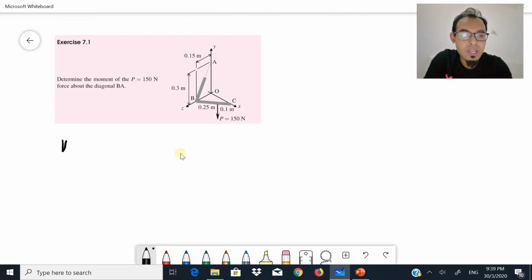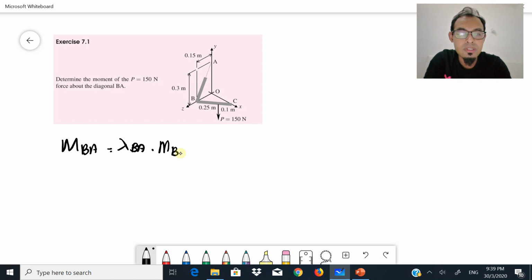So we have M_BA equals lambda_BA dot with M_B, or you can also choose lambda_BA dot with M_A. It's up to you, you can choose either M_A or M_B. Let's say we choose M_B, I think it's easier, isn't it?